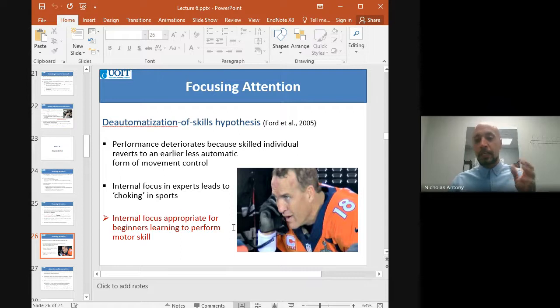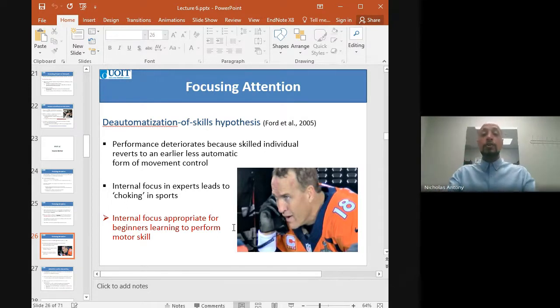What is it about the stress of the situation where you have this professional athlete that is able to do the same thing so well all the time, except for the last play of the game? And what research called this was the de-automization of skills hypothesis. What they hypothesized and figured out was that in choking, you as a performer are focusing your attention internally.